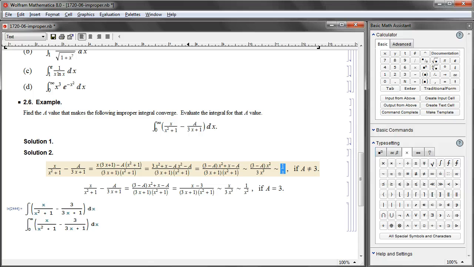By the limit comparison test, we're going to have divergence. So here's my conclusion. As long as a is not equal to 3, we get a growth order of 1 over x. The p-value is 1, so that's going to diverge. This original integral will diverge.